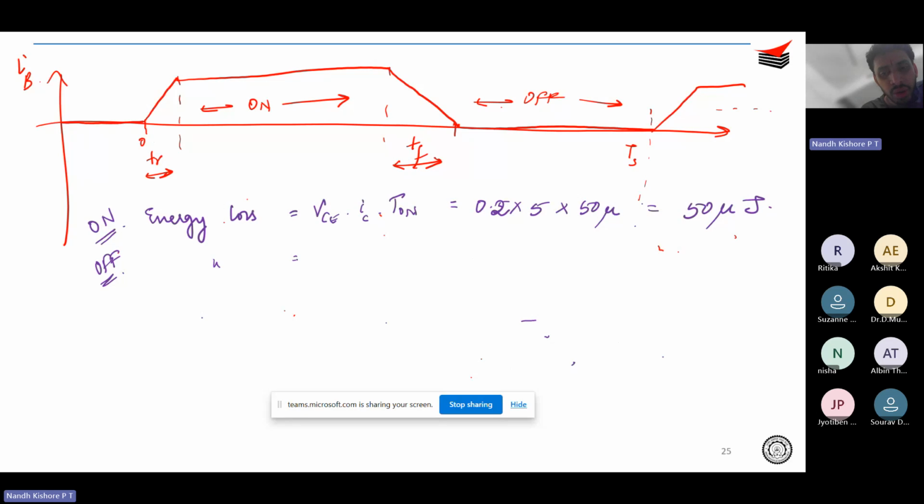Energy loss during off time is going to be VCC into ICE not, because VCC is what the device is blocking and the collector current will be ICE not. So VCC into IE off, right?